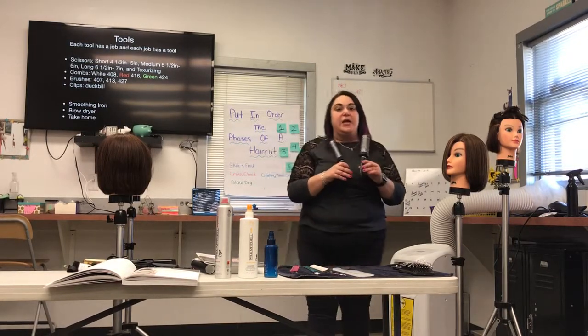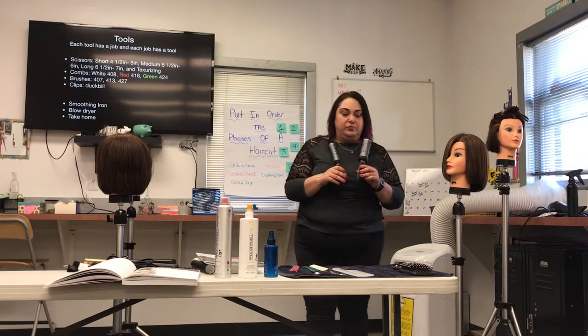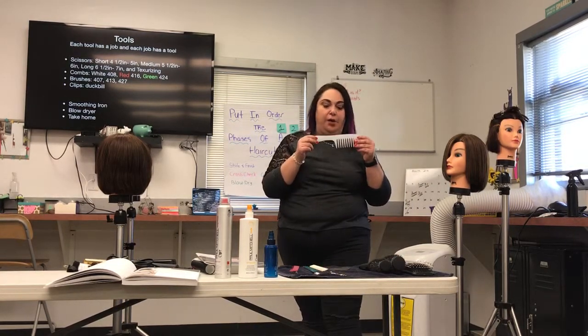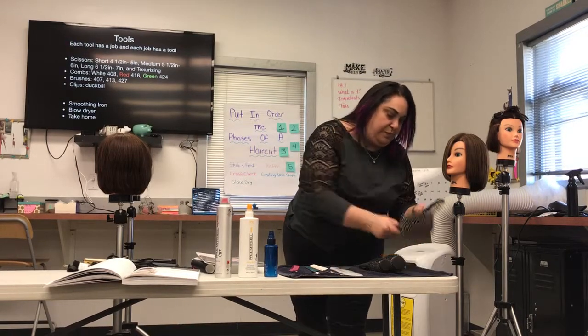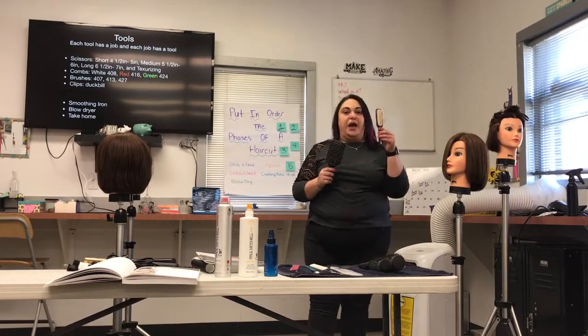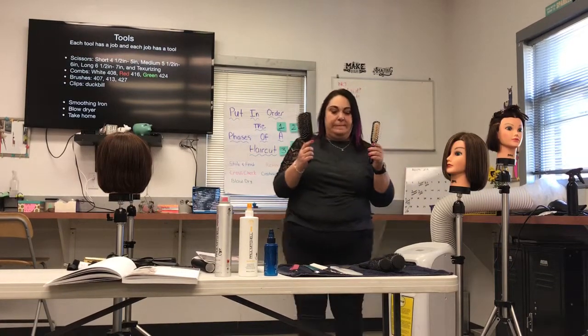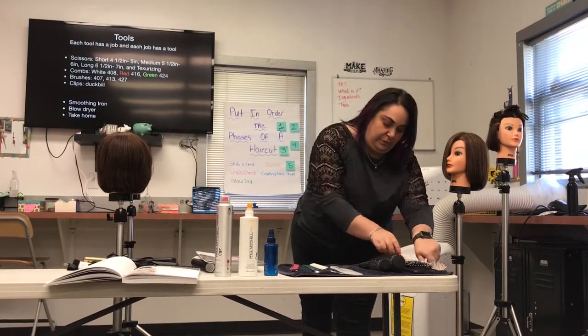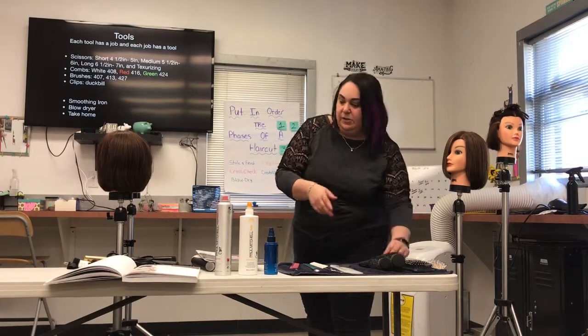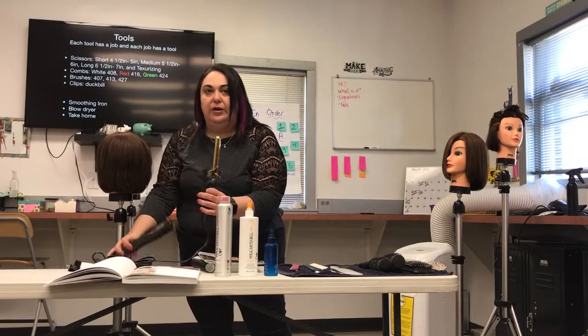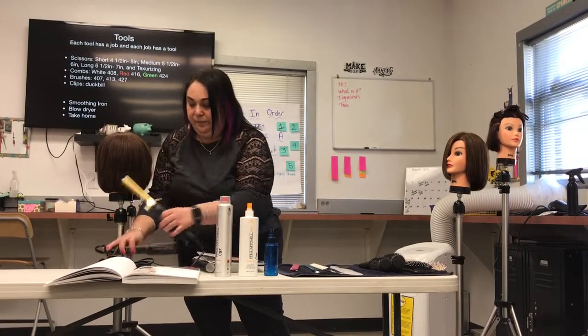We have our medium and small round brush. We have our detangling comb. And we have our 413, and we have our 427. We have our duckbill clips, and then we also have our hot tools, which is our curling iron and our flat iron.